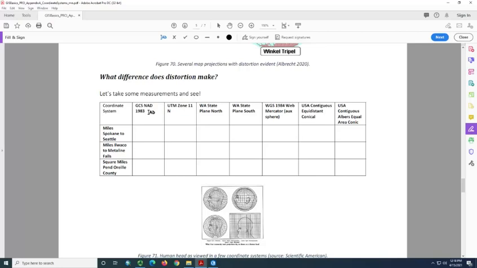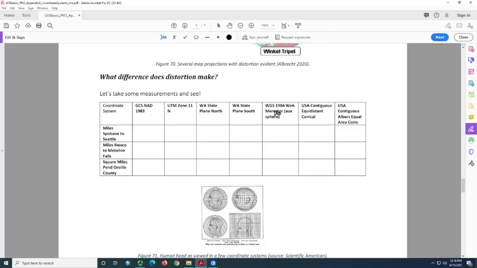That's the datum that's behind these next three maps. So the datum is the same, but we're just getting a different projection: UTM Zone 11 North, Washington State Plane North, Washington State Plane South. That means they use the same spheroid, they use the same origin, but they're projected in different ways.